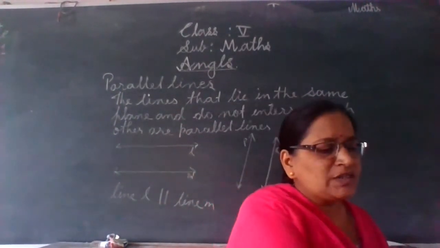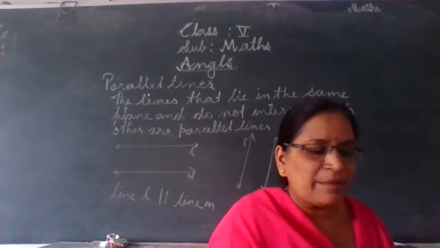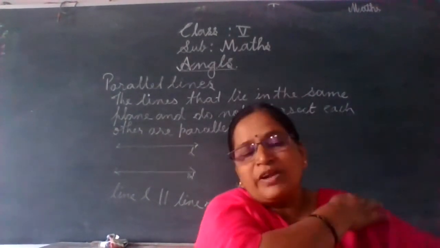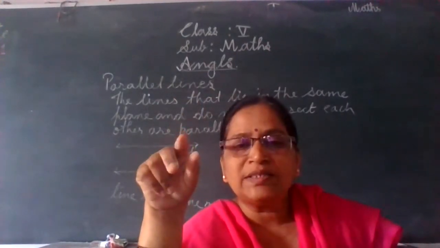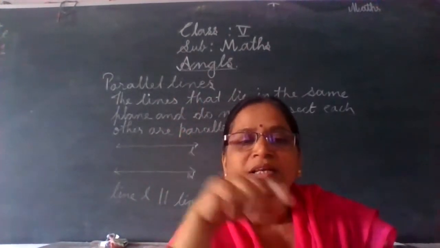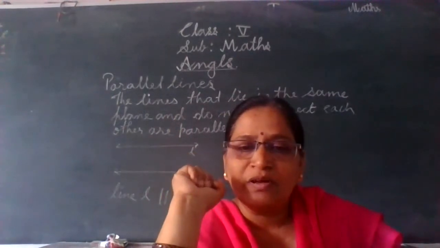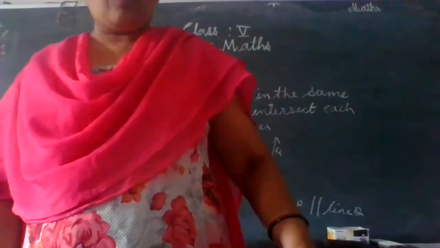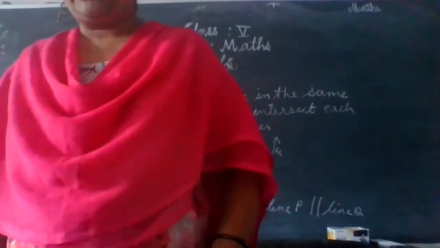Okay. Now see, the second one is perpendicular lines. What is the meaning of perpendicular? When two or more lines are perpendicular to each other, there is the formation of 90 degrees. So two lines are said to be perpendicular if they form an angle of 90 degrees.